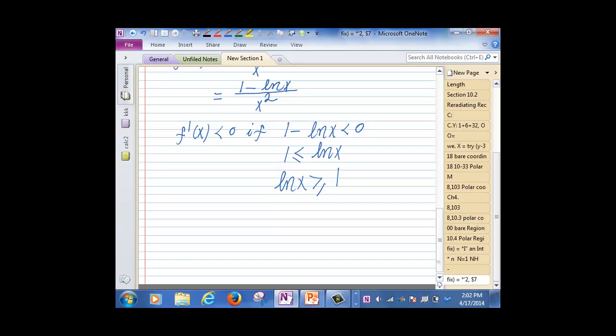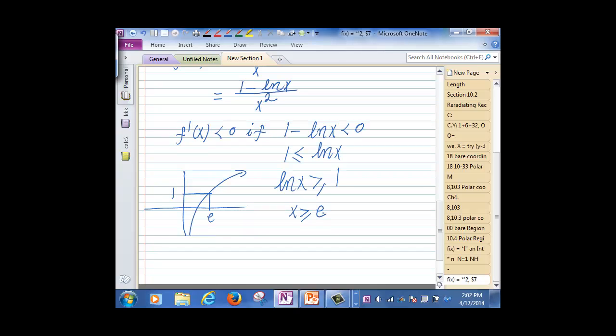And ln function is increasing. So if ln of e is 1, then ln of x is bigger than 1 as long as x is bigger than e. So here's how the ln of x graph looks like, right? It is like this, and ln of e is 1. So I know that this is true if x is larger or equal to e.